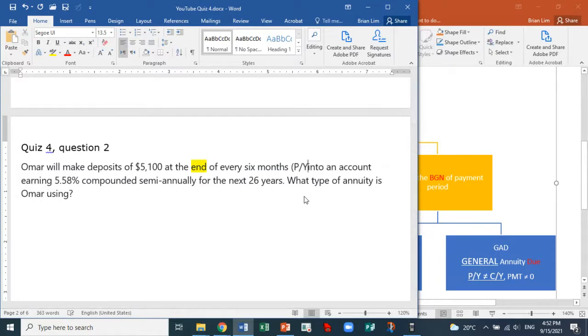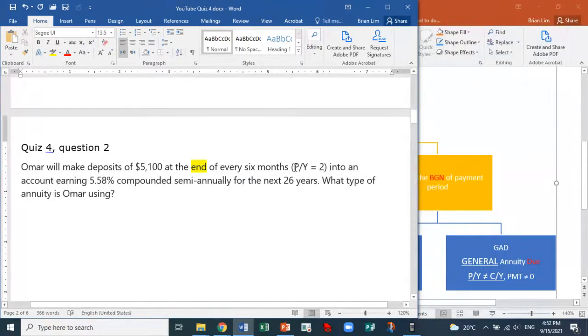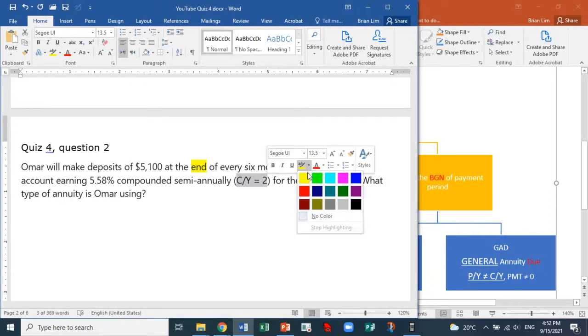They're the deposits, so PY is equal to 2. All right, so that's PY is equal to 2. And there we are. Into an account earning 5.58% compounded semi-annually. So compounded semi-annually, that means that CY is equal to 2. Okay, so CY is also equal to 2.